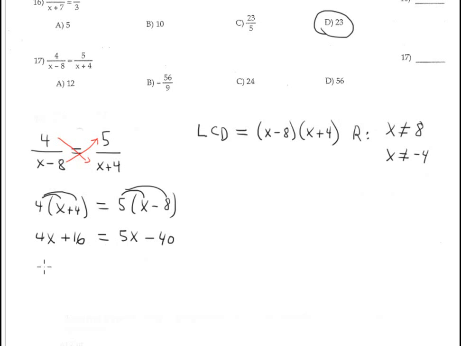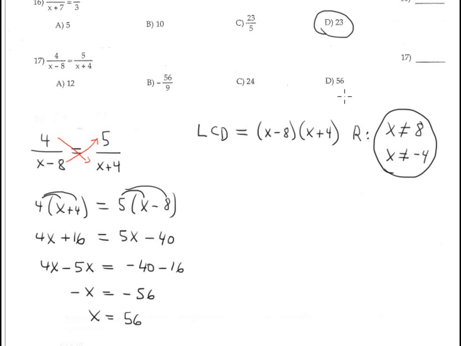Okay, now grouping, 4x minus 5x is equal to minus 40 minus 16. And negative x is equal to -56. Therefore, the value of x when you divide by -1 both sides is 56. Now 56 of course is not equal to the restrictions, then 56 is the correct answer.